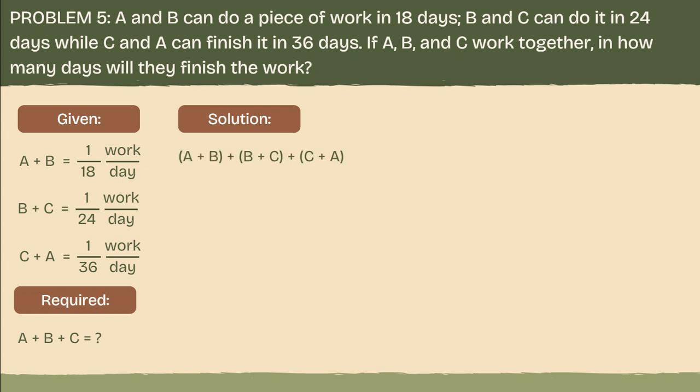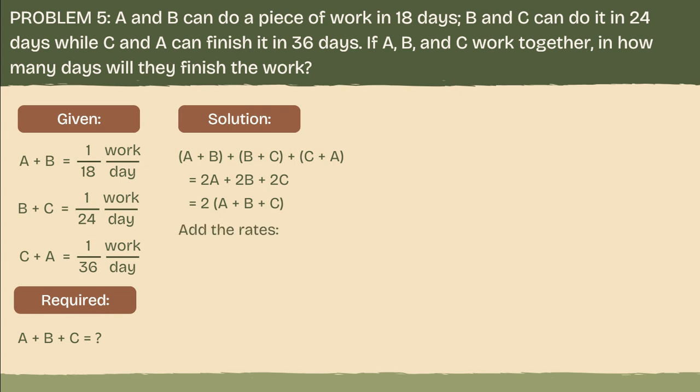That's A plus B plus B plus C plus C plus A. Simplifying, we get 2A plus 2B plus 2C. From here, we can observe that each person's work is counted twice. So, the sum of these three rates is actually equal to twice the combined rate of A, B, and C. Hence, after addition, we only need to divide the sum by 2 to get the combined rate of A, B, and C.